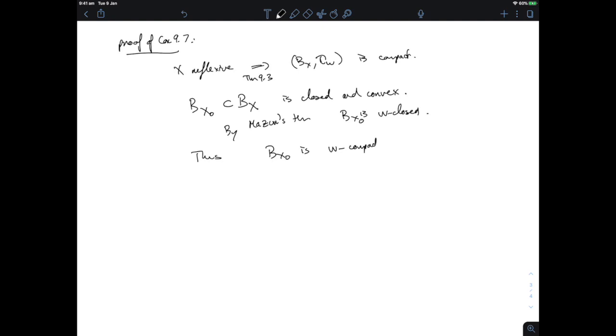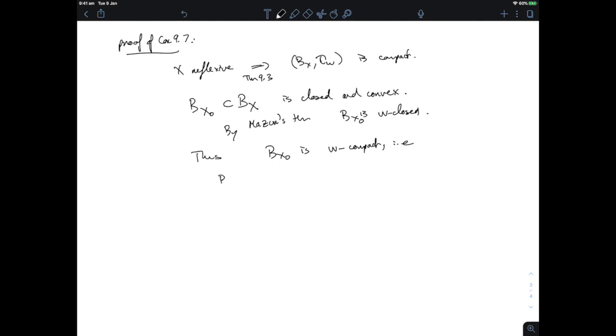Now it's weakly compact, but it's seen as a subset of X itself. So this is not quite guaranteeing yet that X naught is reflexive, but almost. Let's just go back to the definition of being weakly compact. So this means that we can cover it by a finite union of neighborhoods.